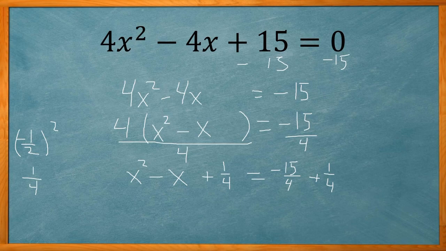So then over here on the left-hand side, that ends up being x minus 1/2 squared. So 1/2 plus 1/2 gives you the 1 for the x term, and 1/2 times 1/2 gives you 1/4 for the constant term. And over here, negative 15/4 plus 1/4 gives you negative 14/4.